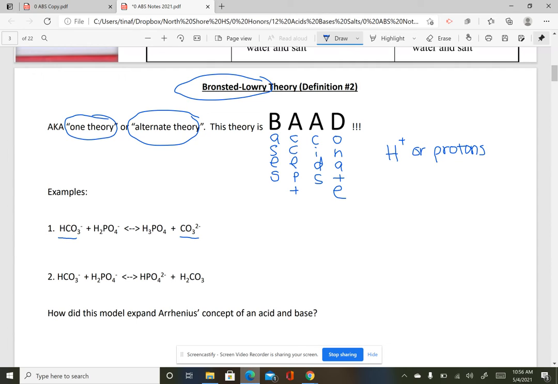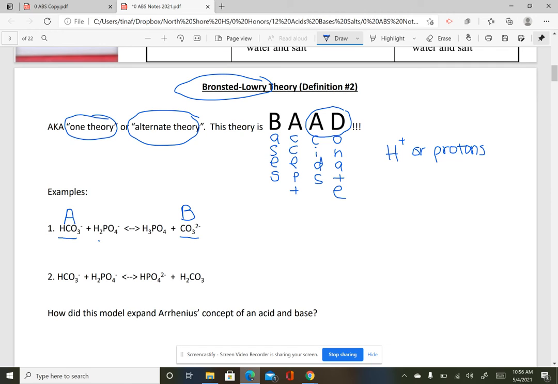Now of these two things that I just underlined, which one has more H's in it? The HCO3 has more H's in it. Because it has more H's, it's going to be able to donate an H. It's going to be able to give one away. So what kind of things donate? Acids donate. So of these two that I underlined, this is my acid, and this has to be my base.